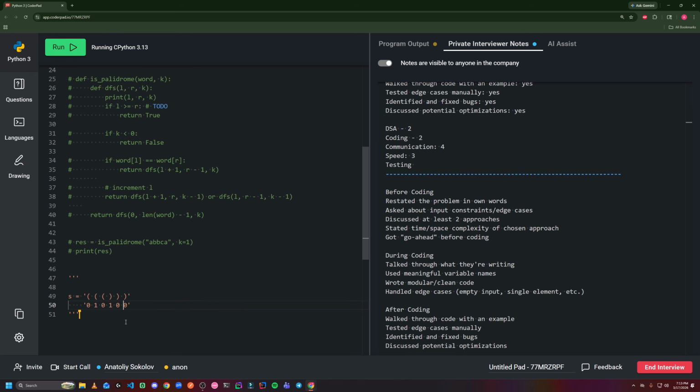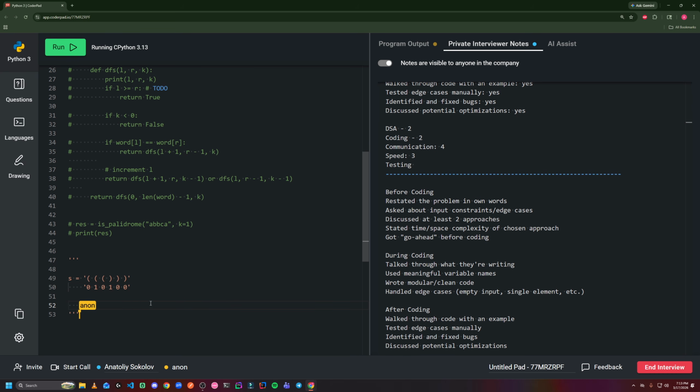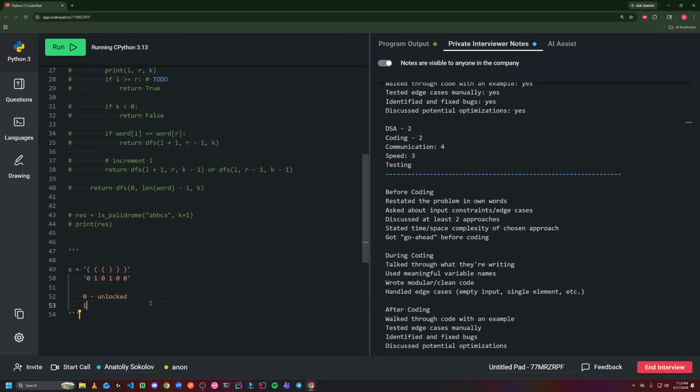Basically, the first string tells you what parentheses you have, and the second string, 0 means this parenthesis is unlocked, and 1 means it's locked. Unlocked means you can change it to whatever you want, and locked means it has to stay the way it is.